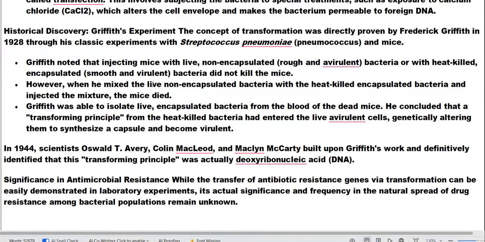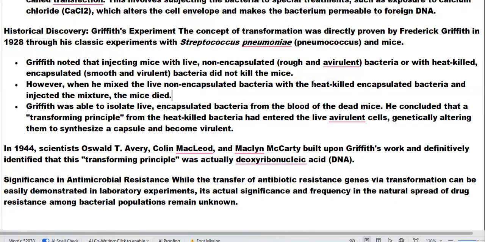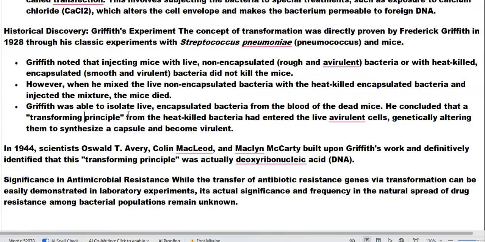But when he mixed the live non-encapsulated bacteria and heat-killed encapsulated bacteria and injected the mixture, the mice died. That means Griffith was able to isolate live encapsulated bacteria from the blood.